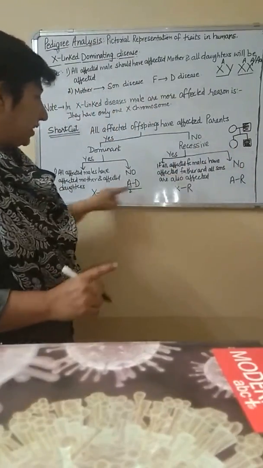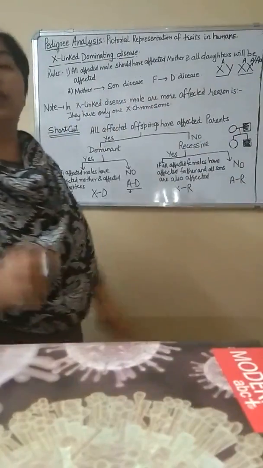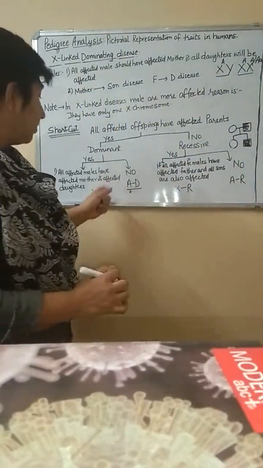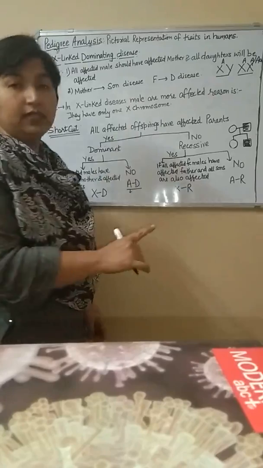Fine. So this way, just looking at the pedigree chart without using any pen or paper, you can analyze the situation.